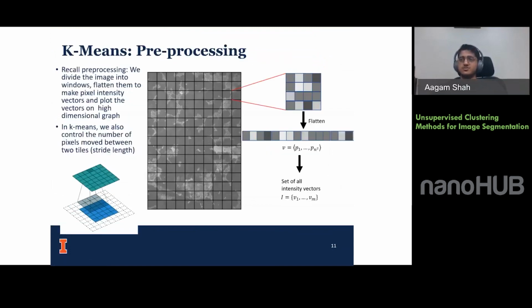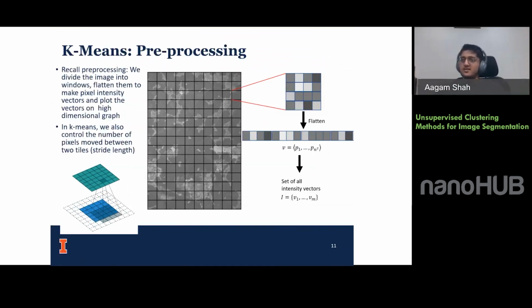All right, so just as a recap, we first divide the image into multiple windows. We flatten each one of these windows out and make pixel intensity vectors. We plot all of these vectors on a high dimensional pixel intensity plot.